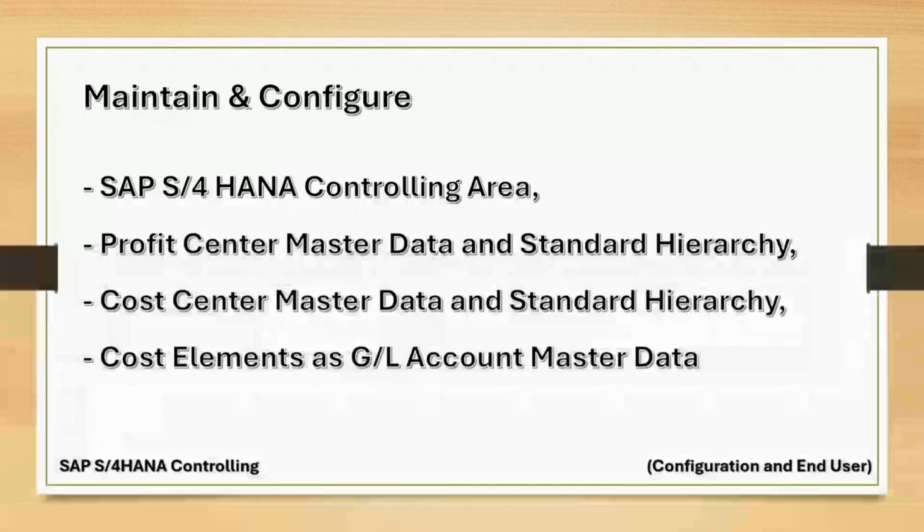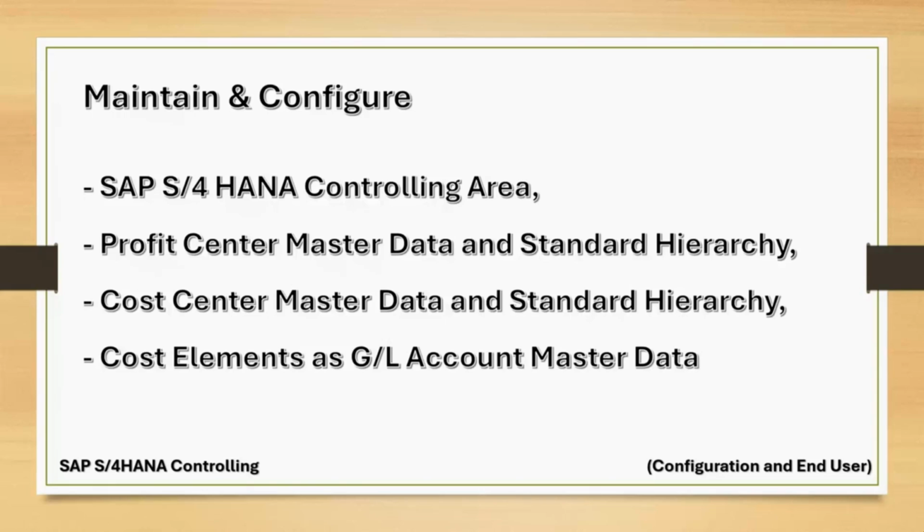Now we have to configure the controlling area in order to work on the SAP S/4HANA sourcing and procurement module, as the controlling module is also linked to SAP S/4HANA sourcing and procurement. So in this lecture, I will configure the controlling area, then the profit center, then the cost center, then the cost elements, and we will demonstrate the creation of master data for profit center, cost center, and cost elements.